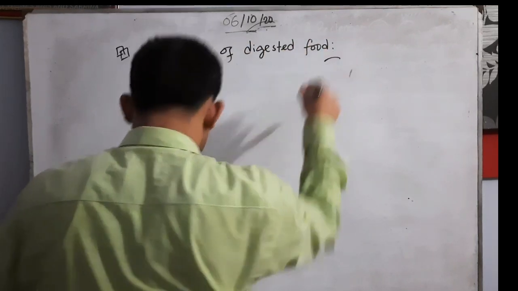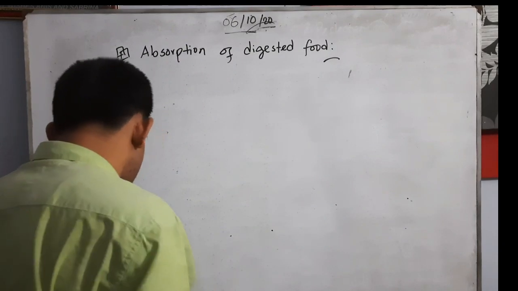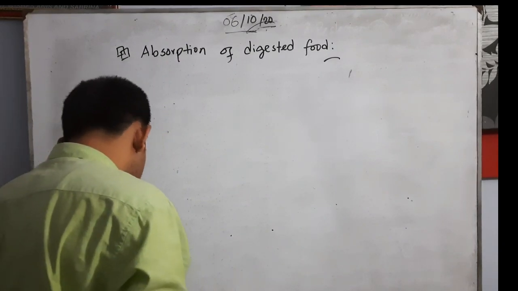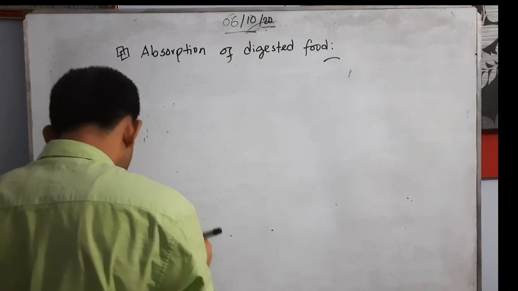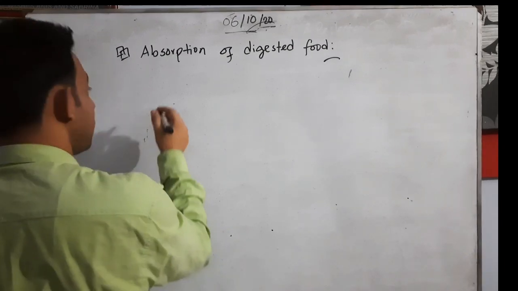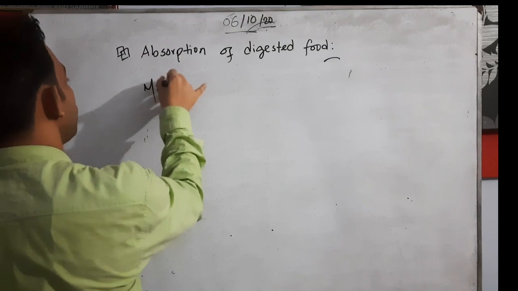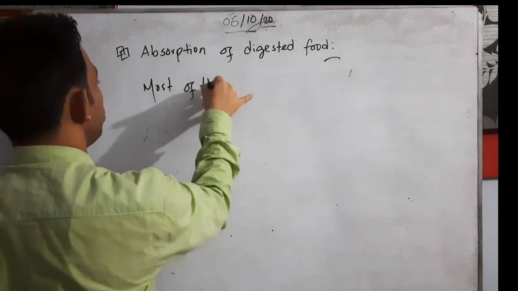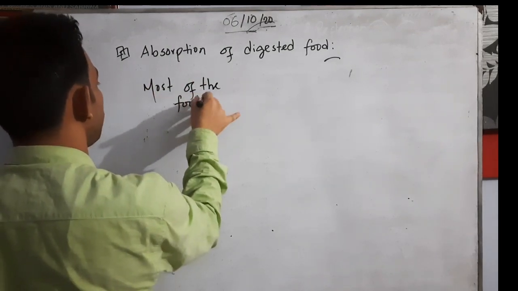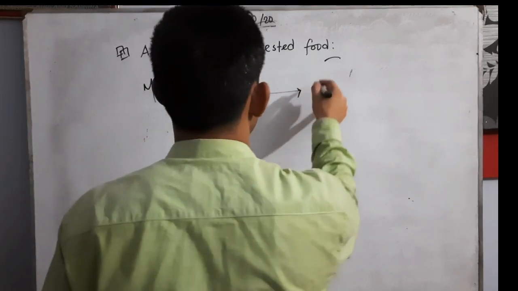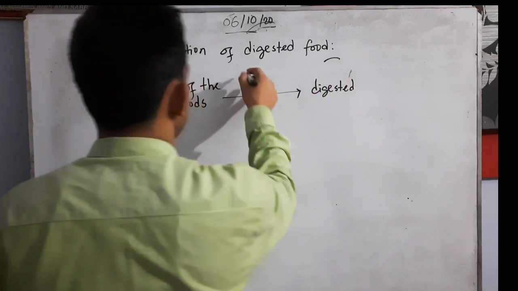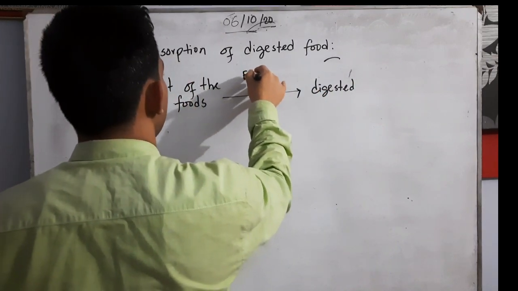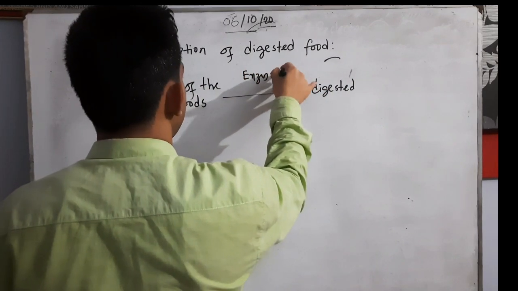So we need to understand that most of the food is fully digested in the small intestine. That means most of the food is already digested in the presence of enzymatic activities.